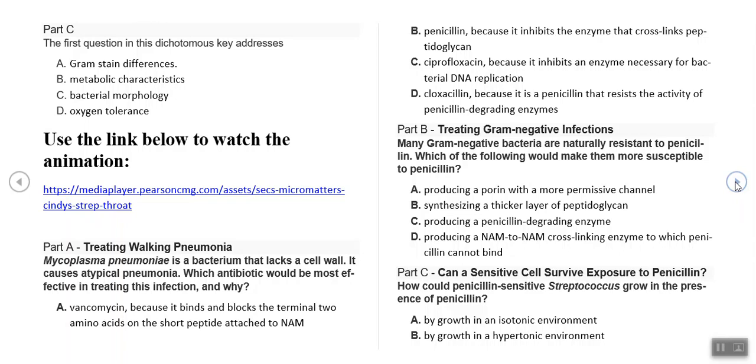So if there is no cell wall, because penicillin has degraded that cell wall for our Streptococcus species, and it's in an isotonic environment, then we're not at risk of osmotic lysis. So the cell wall doesn't have to do its job because we're in this isotonic environment. And the only one that says that is letter A, by growth in an isotonic environment.